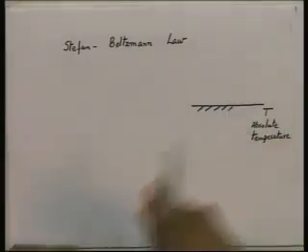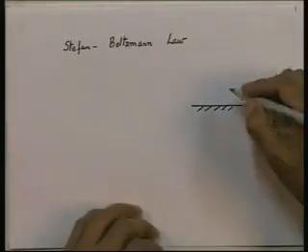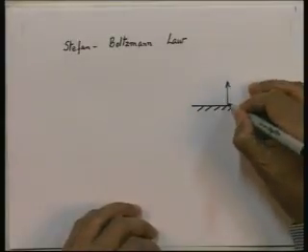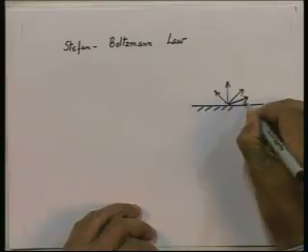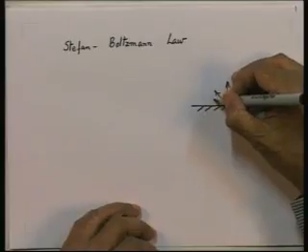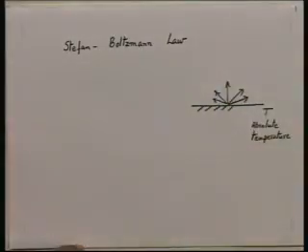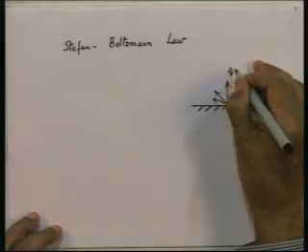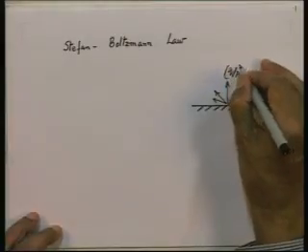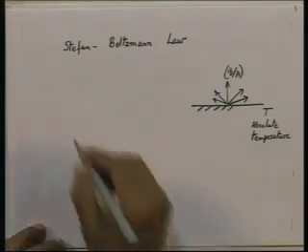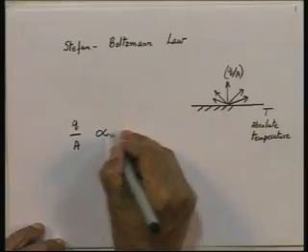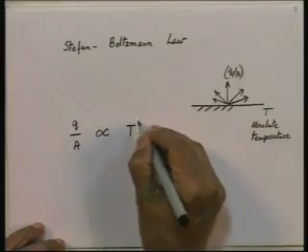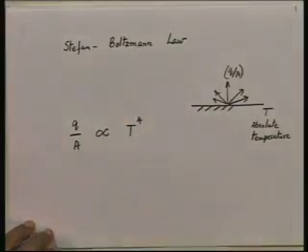Then every element of that surface will emit thermal radiation in the form of electromagnetic waves in all directions, and this heat flux due to thermal radiation is proportional to the fourth power of the absolute temperature of the surface. That is the statement of the Stefan-Boltzmann law.